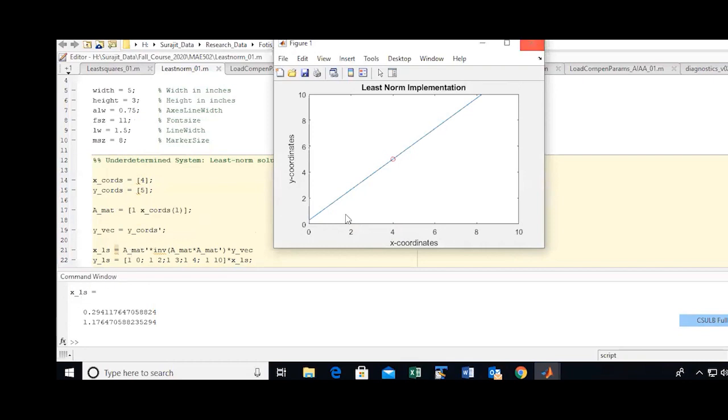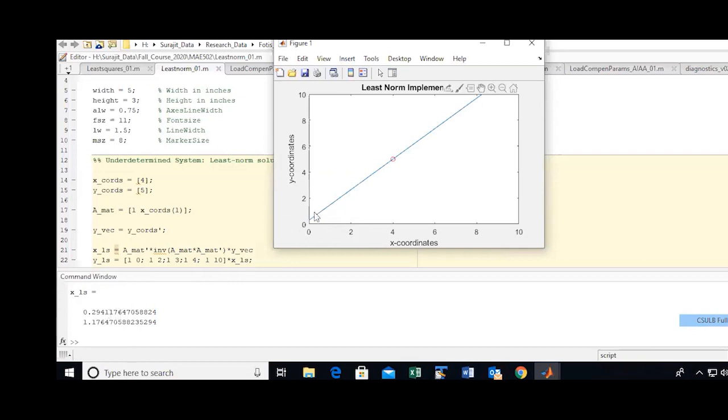You get the slope and intercept, and this is a straight line that passes through the data point, but at the same time the length of this vector is the minimum norm. You can pass any straight line, but this specific vector will have the least norm. Least norm means minimum length of this unknown vector.